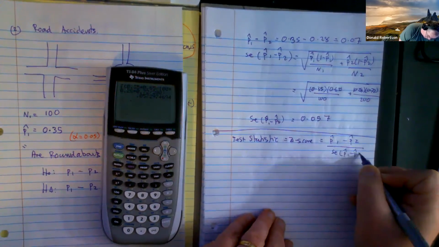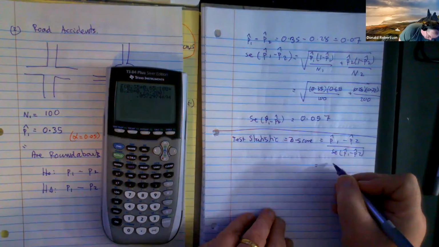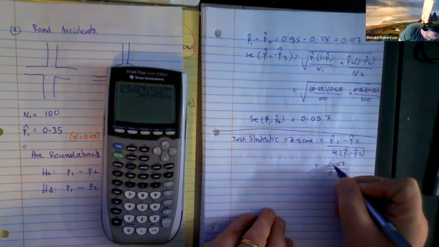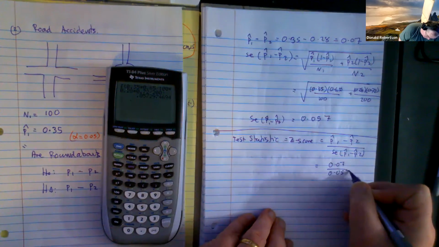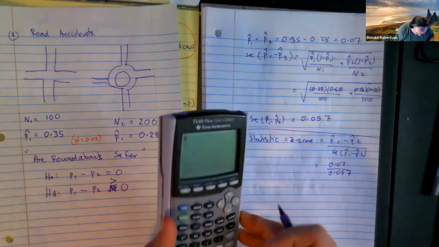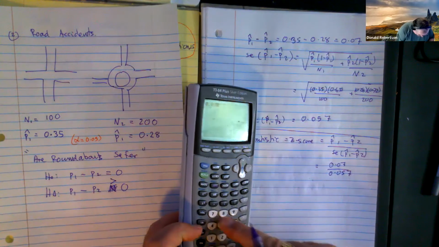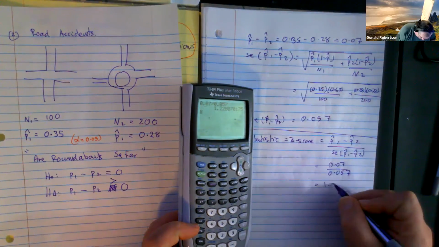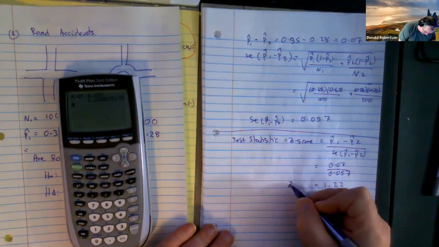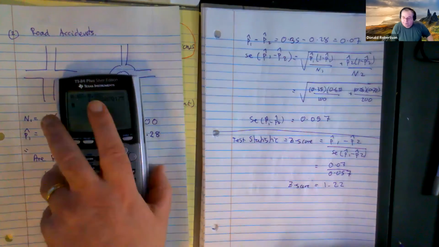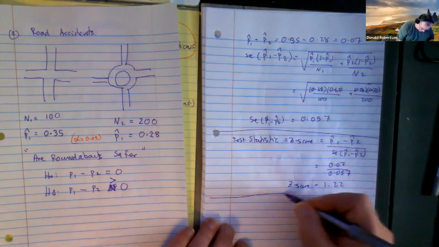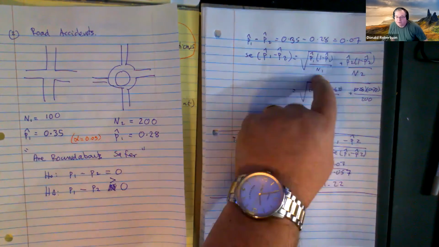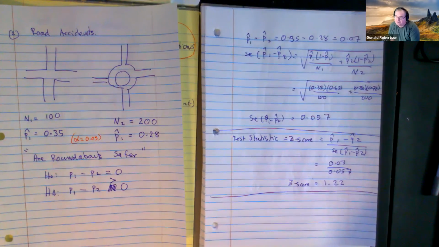P1 hat take away P2 hat ends up being 0.07, divided by 0.057. 0.07 divided by 0.057, and the answer I get is 1.22. Are you comfortable with that? Once the story starts, don't the calculations end up being the same? Just the numbers inside them.